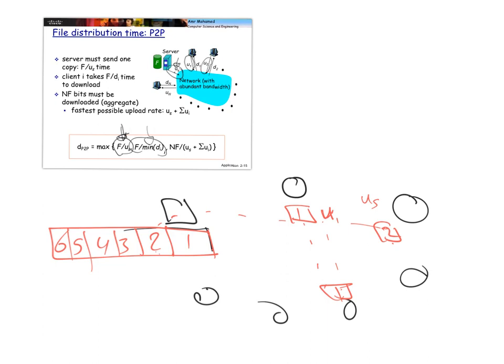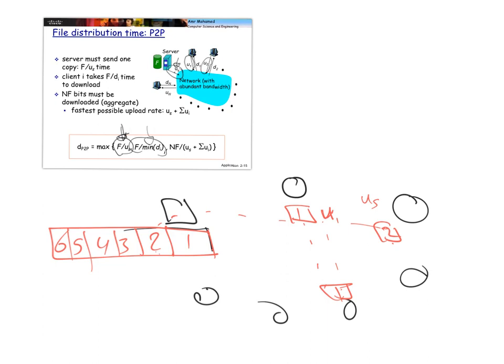So those two transmissions happen with a rate of U1 plus US.